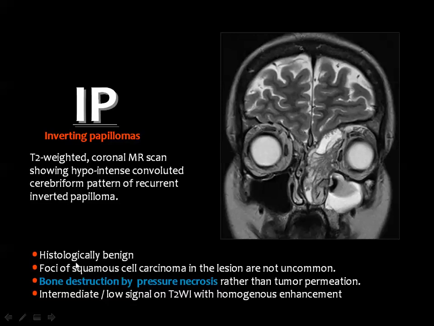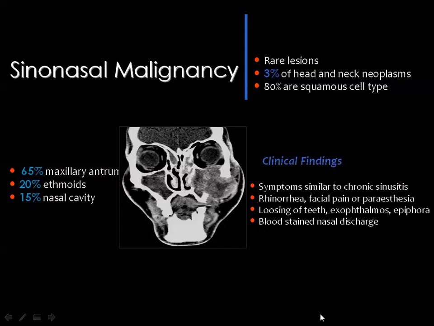This lesion is histologically benign, but it may contain foci of squamous cell carcinoma. Bone destruction by pressure erosion is seen, but extensive destruction which simulates malignancy is not well known for this tumor. And the lesion, as I have mentioned, shows some contrast enhancement.